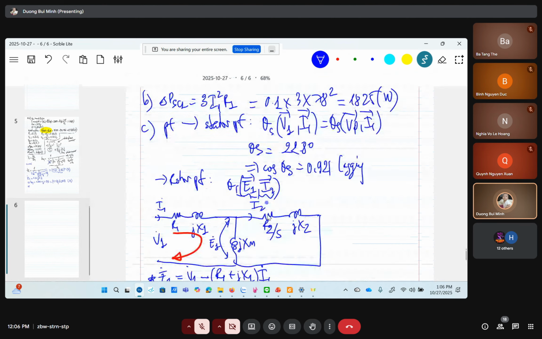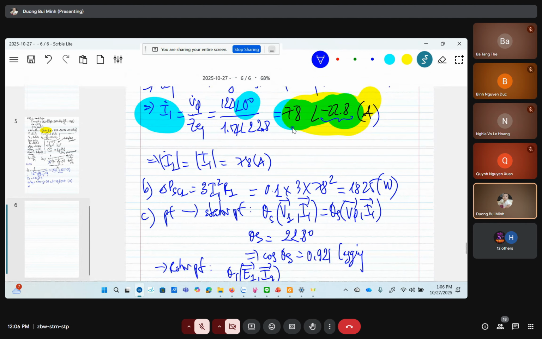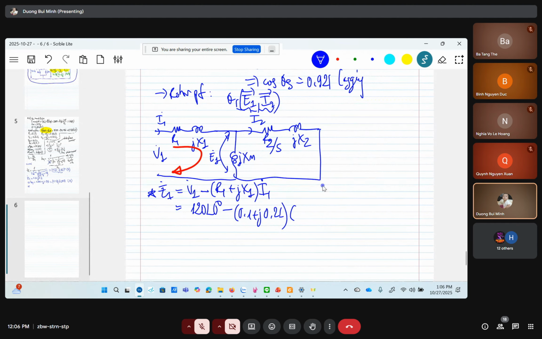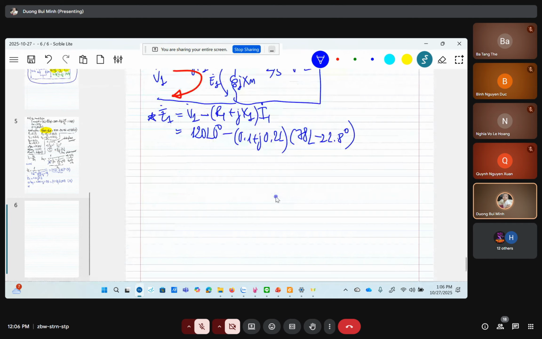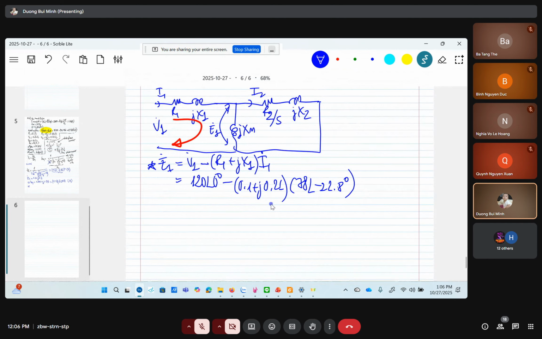You know I1 here is 78 with minus 22.8 degrees. Please help me, how many? You need to take the bracket here.